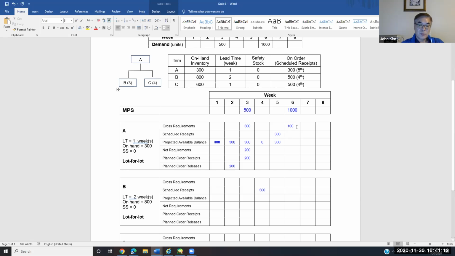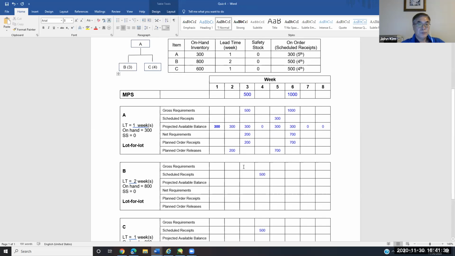Let's see, it's 1000. Up to this point, 300, 1000 need, 700 net requirement, because this one uses lot for lot ordering system, so 700 order quantity and 1 week earlier. Then after this point, 0 and 0.